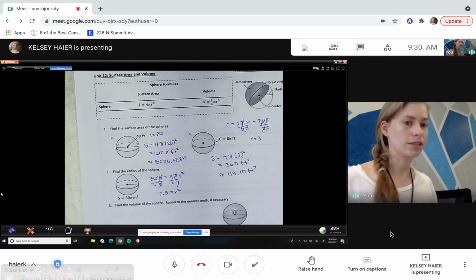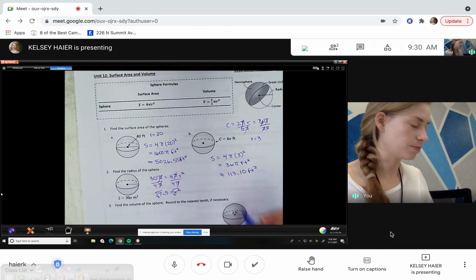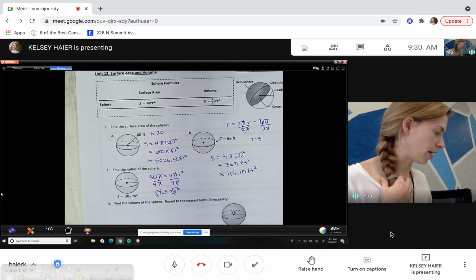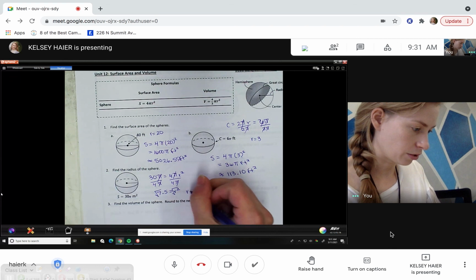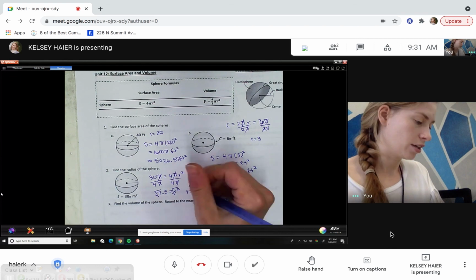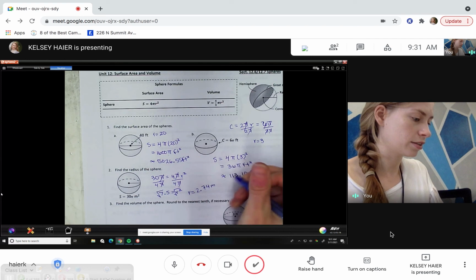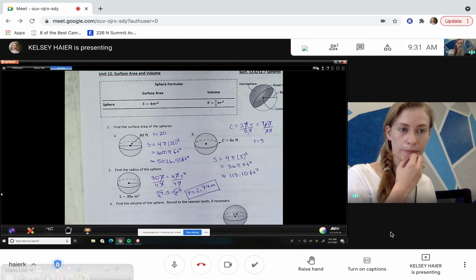So the opposite of squaring is just taking the square root on both sides. So if I take the square root of 7.5, I get roughly the radius being 2.74 meters. And then boom. That's it.